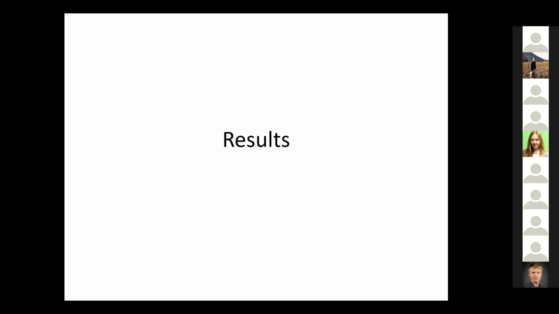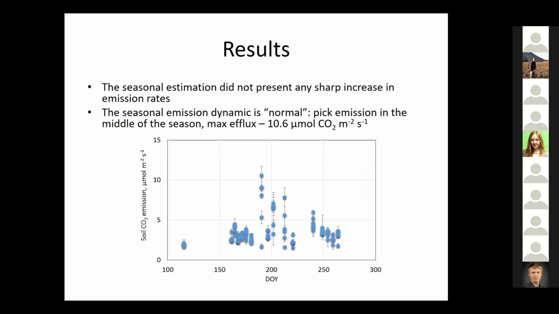So, let's go to our results. First of all, I'd like to present to you the seasonal emission during the summer. It's a kind of normal dynamic because the peak of emission we observed in the middle of the season in July, in the second half of July. The difference between the fluxes was around 8-10 micromole.